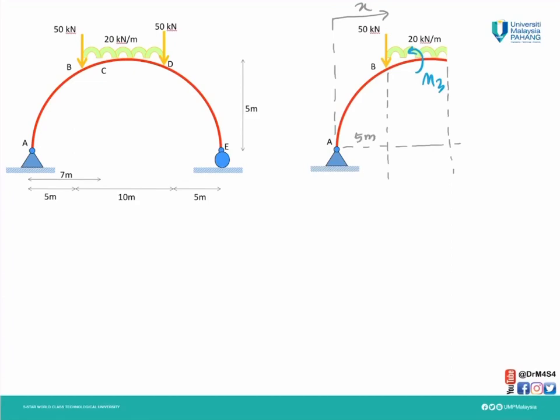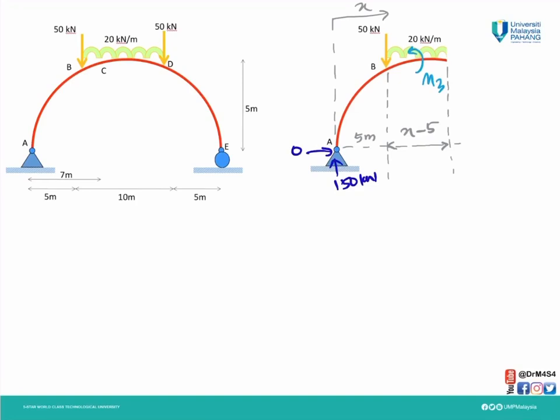And the distance for this one is X minus 5. Our reaction is 150 and 0. So we need to calculate the equation or value for M3.